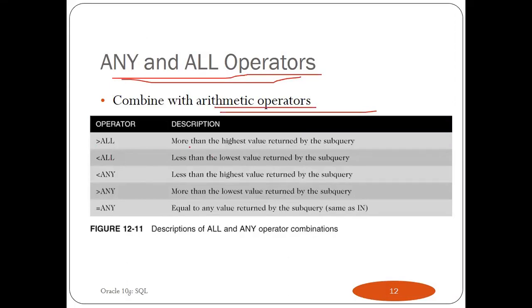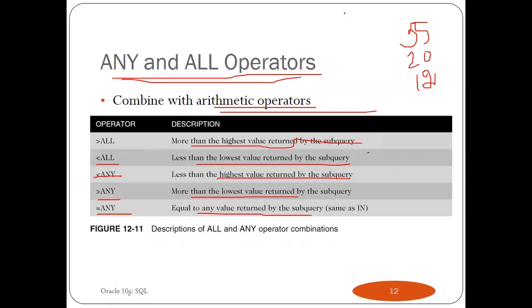Greater than ALL means more than the highest value returned by the subquery. Less than ALL means less than the lowest value returned by the subquery. Less than ANY means less than the highest value. Greater than ANY means more than the lowest value. Equal to ANY means equal to any value.